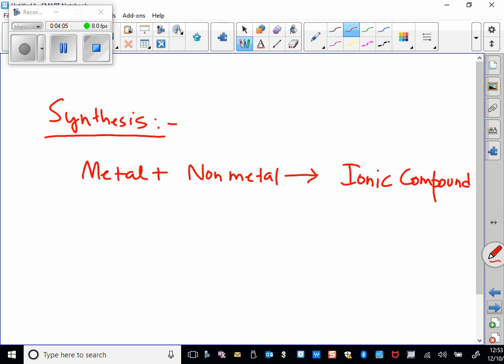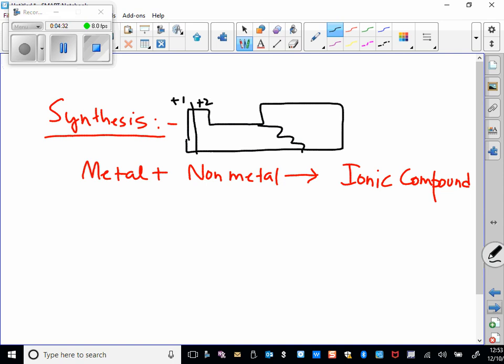Now, let's look at the first example that is given. A pea-sized piece of sodium is added to a container of chlorine. So, sodium is my metal. Is that right? So, in synthesis, I like my kids to know the periodic table really well. Not only do you have to remember your periodic table, but you have to remember your charges on the periodic table that will help you predict the products. Okay?